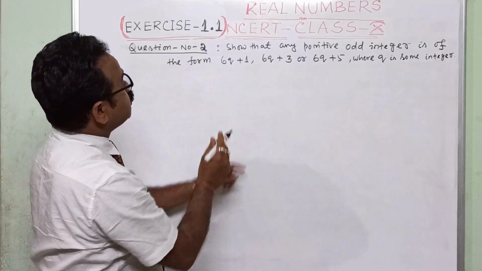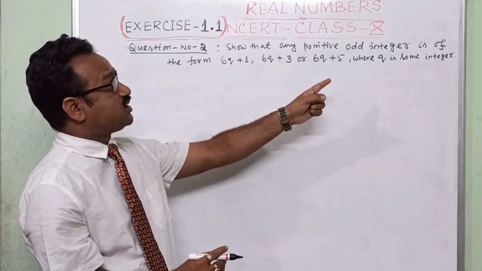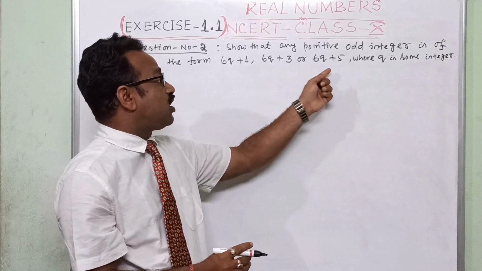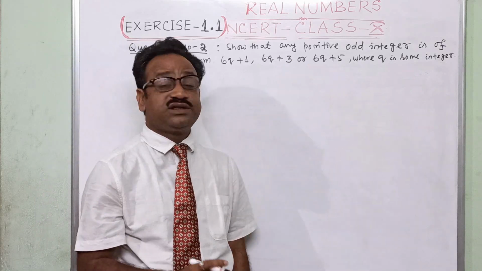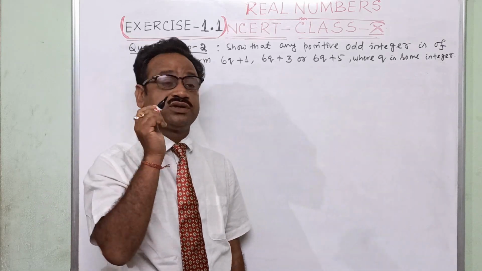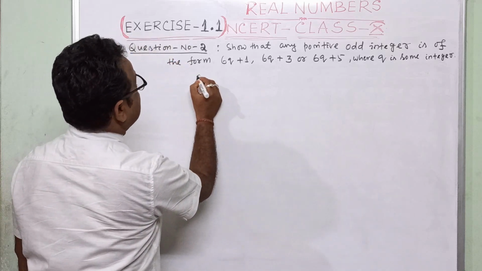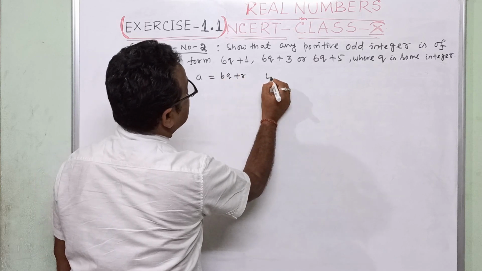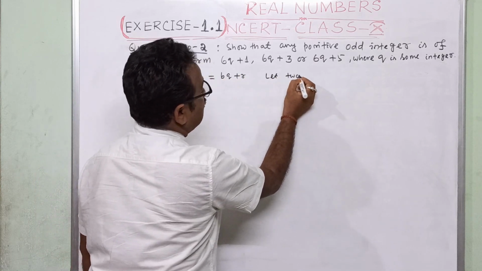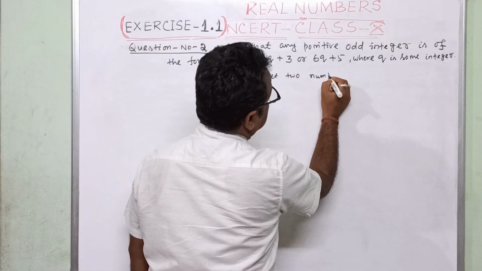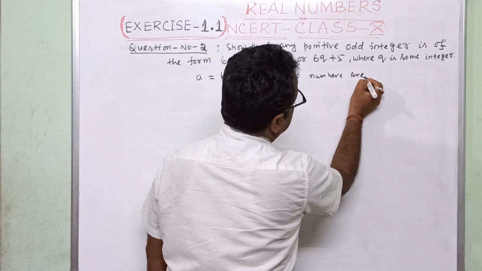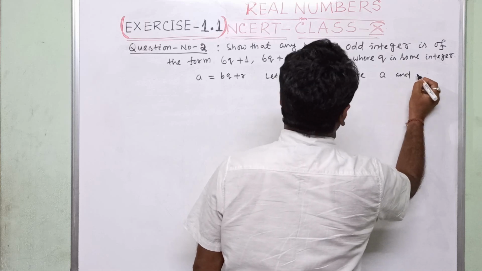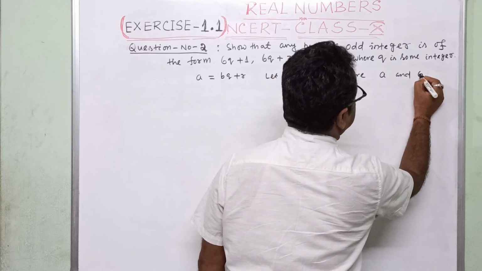Question number 2: show that any positive integer is of the form 6q + 1, 6q + 3 or 6q + 5, where q is some integer. So a = bq + r. Let the two numbers be a and 6.